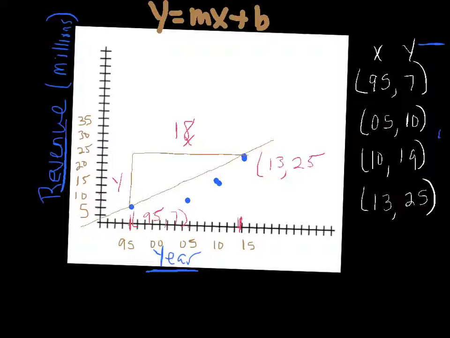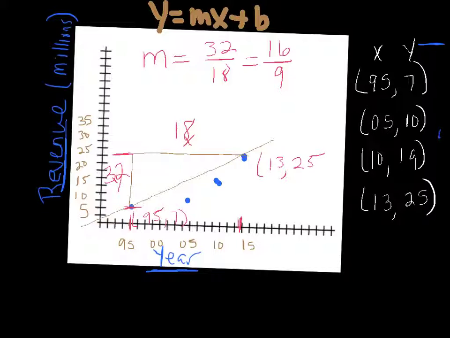Now my rise, I went from 7 to 25, which is going to be 32. So my slope, and this is positive, is rise over run, which I'm going to reduce to 16 over 9, and it's a positive slope.